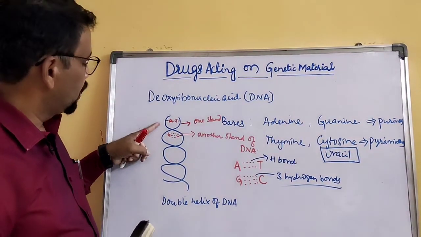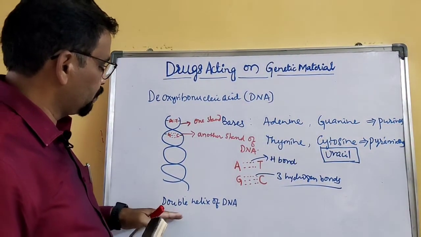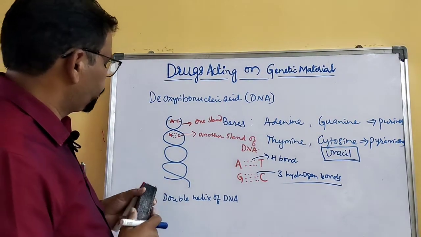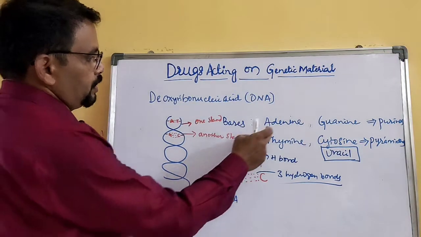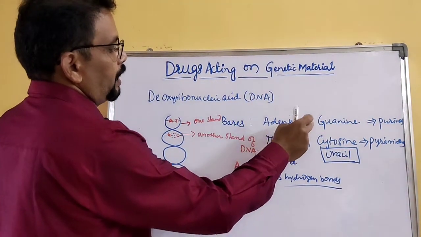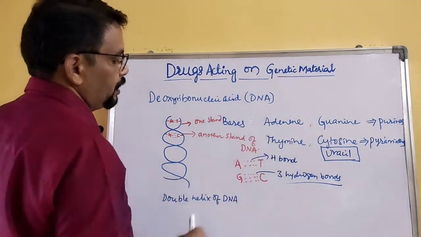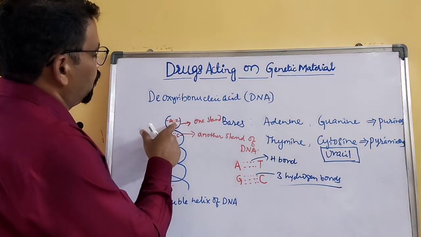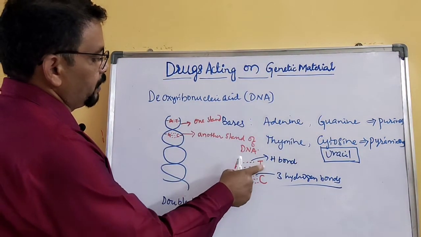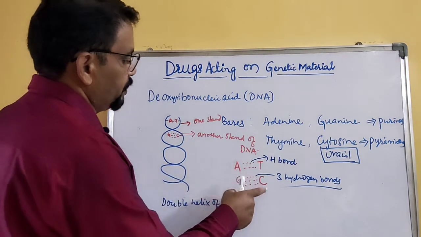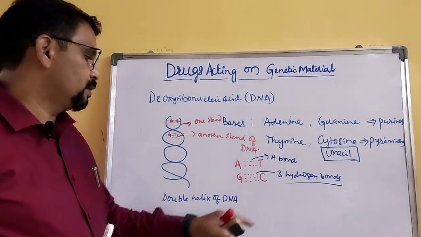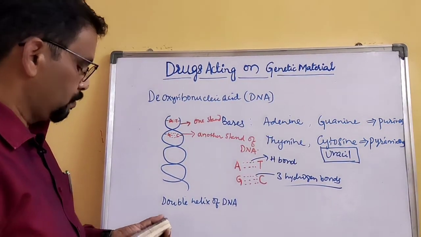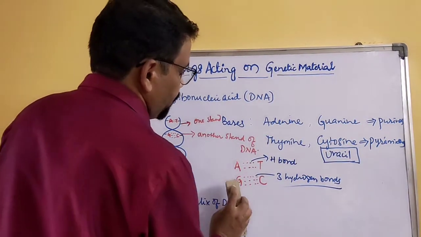So the helical structure of DNA, the double helix, contains these bases: adenine, guanine, thymine and cytosine. Adenine always forms hydrogen bonds with thymine, and guanine always forms bonds with cytosine, so they are base pairs like that.